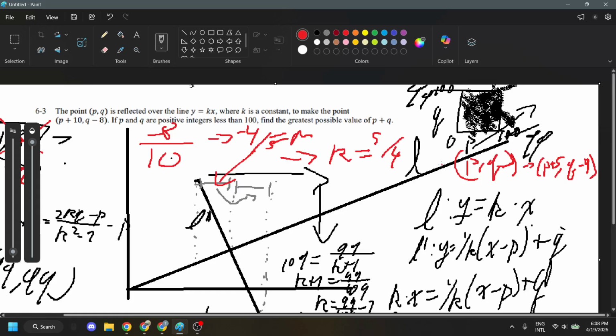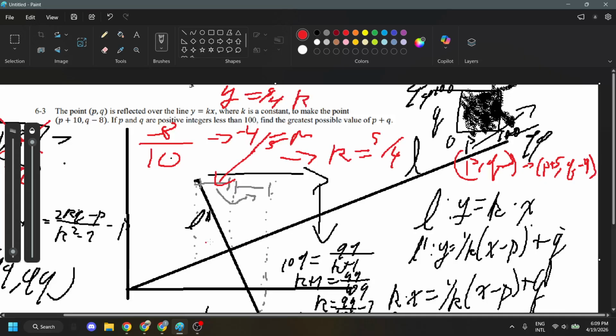Now this tells us, this can allow us, I don't know what this can do. Using this we can get an equation for this line here, and we already have the equation for y equals 5/4 k.